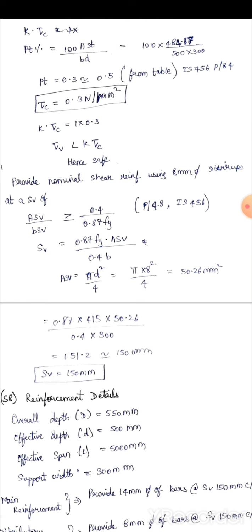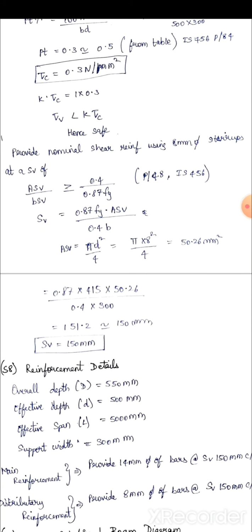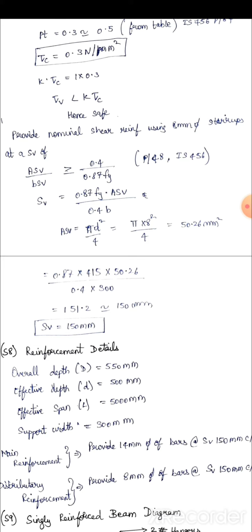Now we must find spacing. Spacing formula is 0.87 fy into ASV by 0.4 into B. This formula is in IS456 page number 48. ASV formula is pi d square by 4.